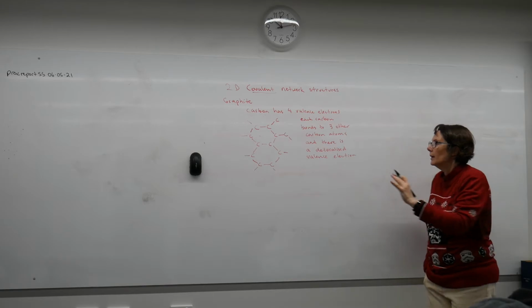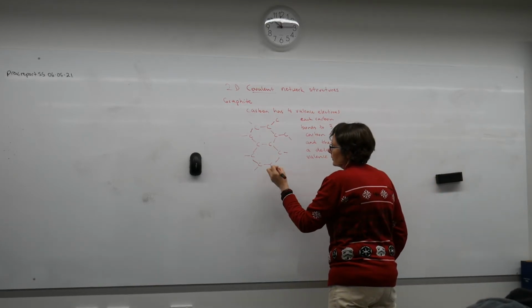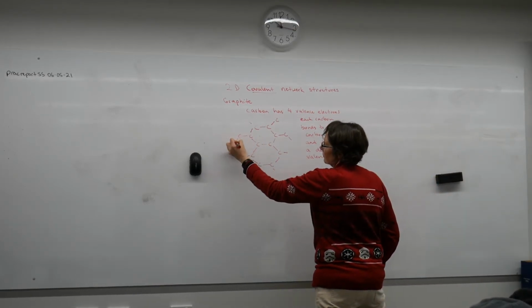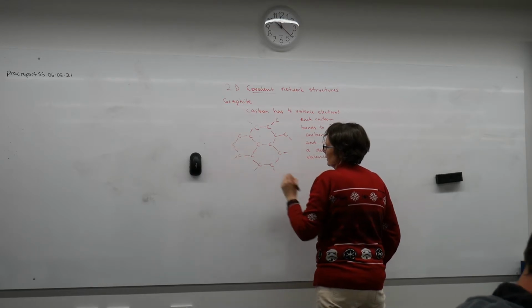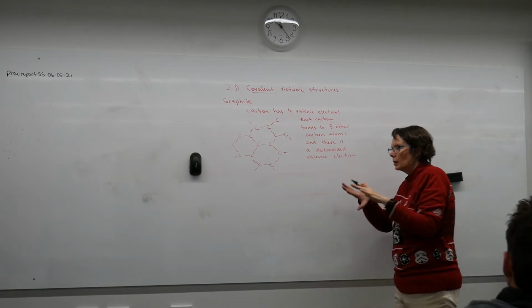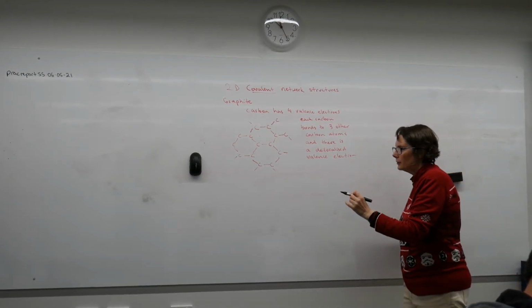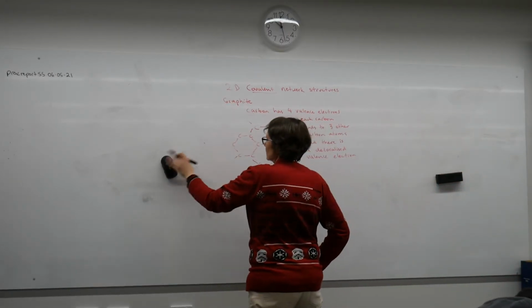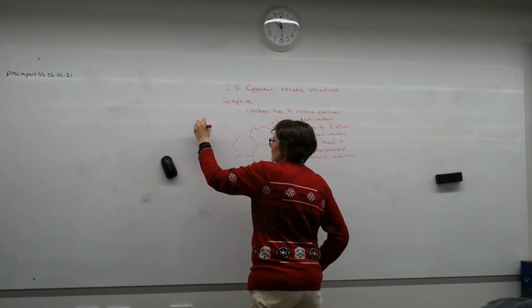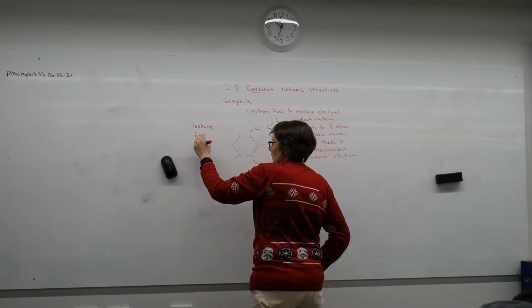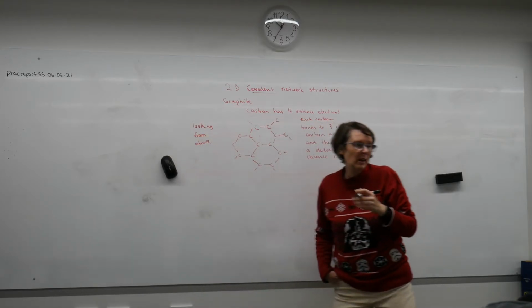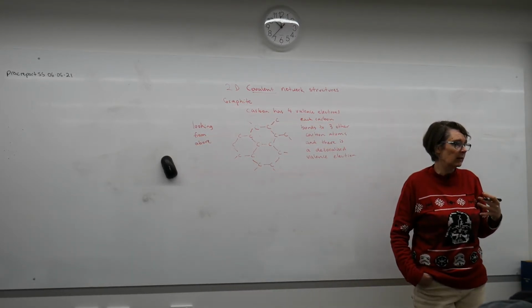Okay, so we end up with these flat sheets of carbon that can just go on and on like this. And this is looking down. You need to be able to draw this kind of diagram.